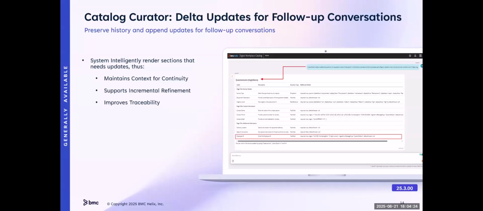So in order to avoid that, to maintain the state, we are going only for the incremental update. Let's assume you are only asking for a change in a question or the addition of a question. It's not going to completely load the entire catalog chat, the one which was already prepared before. It's only going to show you the section that will be impacted by this update. In this case, you can see that I added a question called employee ID, and then it only rendered the questionnaire section, thus keeping your previous changes intact as well as only providing you delta information on the screen.